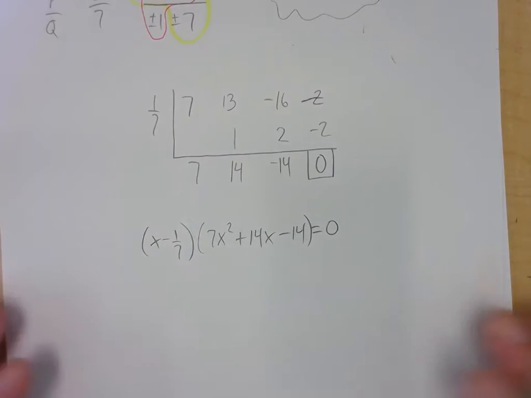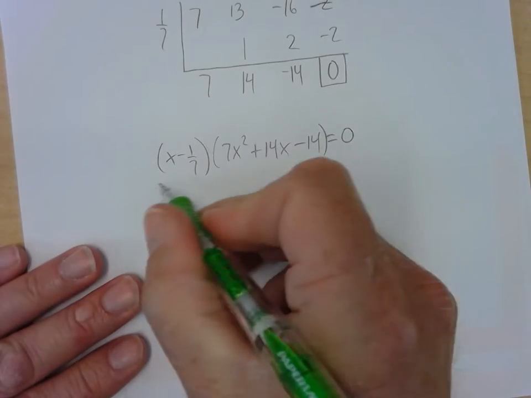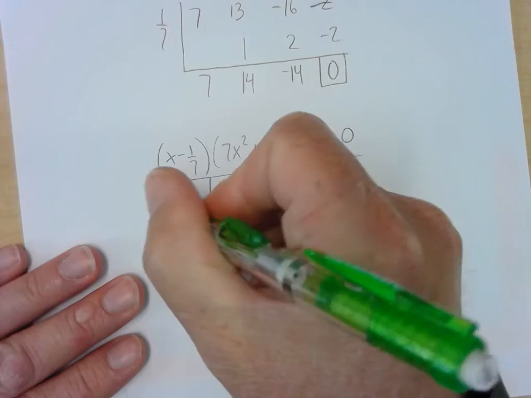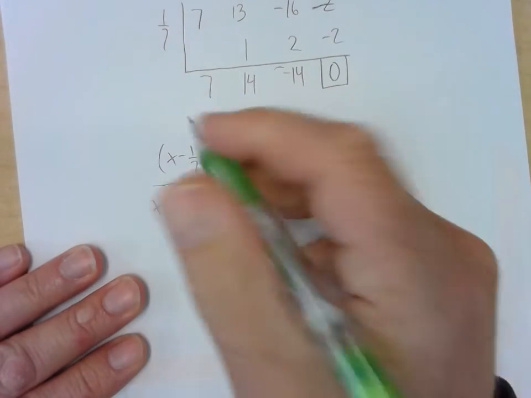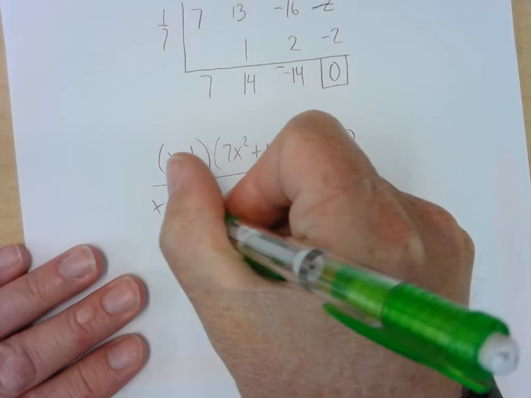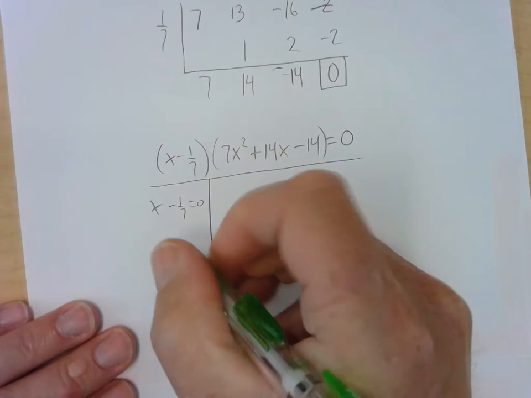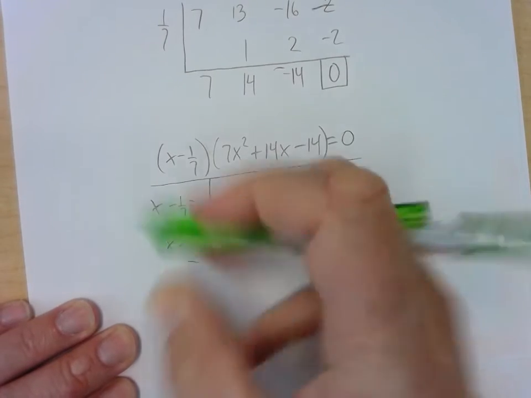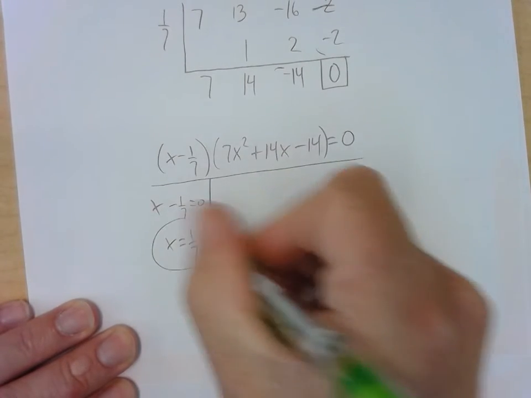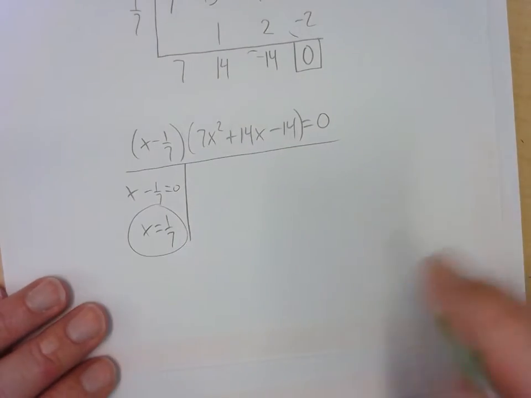All right. Now I do zero product property. Okay, the first one is the oh duh situation, as in, oh duh, it has to be that. So it's x equals that, add the 1/7 over, x equals 1/7, not half, 1/7. So end of the day, I'm tired. So that's the one solution.